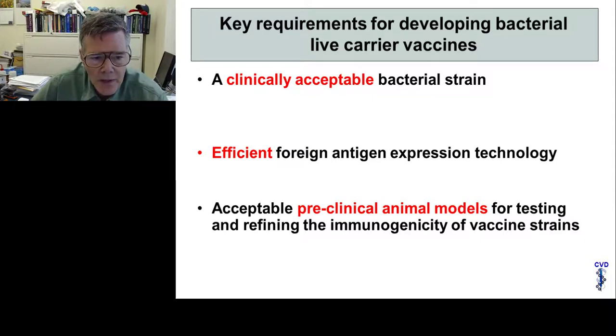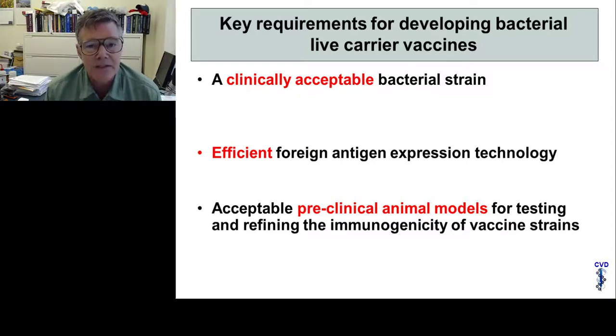Also, we have developed patented antigen export technology, which is going to be the primary focus of the talk today.